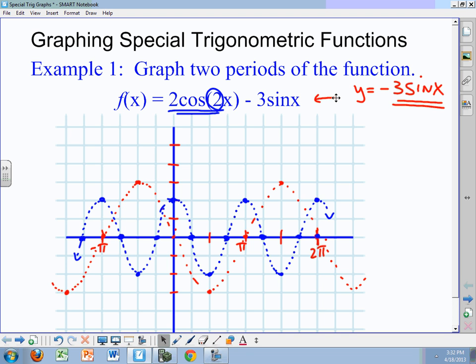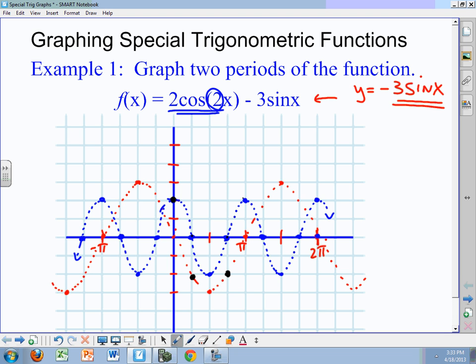So when we're going to add these together, let's start with all x-axis values. Notice in the red graph, we go through the origin, and that makes this point a final point. Now let's go over to the next place we see an x-intercept, and so we'll go down to this spot over here. That's going to be on our final graph. The next x-intercept is here just before pi, so that's going to be another spot that we can label.